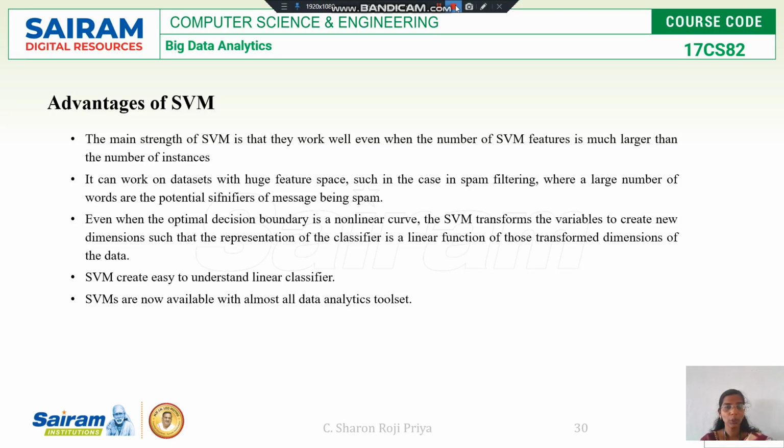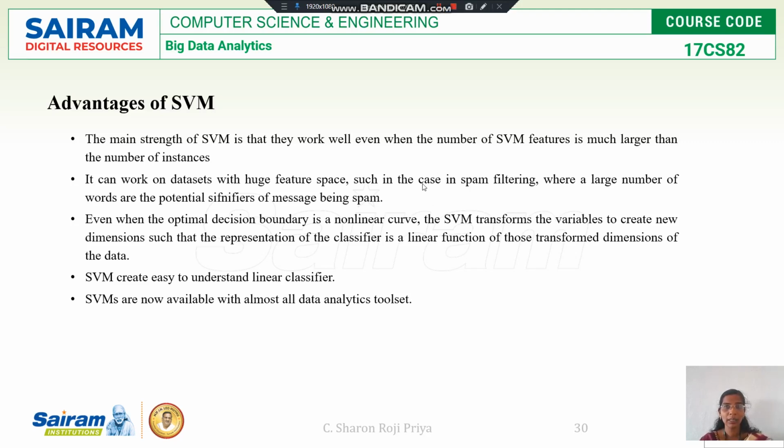If I want multiple classes, we should go for naive Bayes classification, and this SVM is a binary classifier. We'll be having only 2 classes. And SVMs are now available with almost all data analytics tool sets.